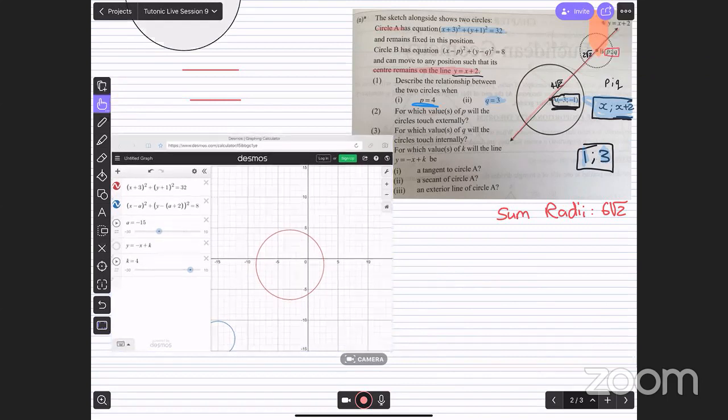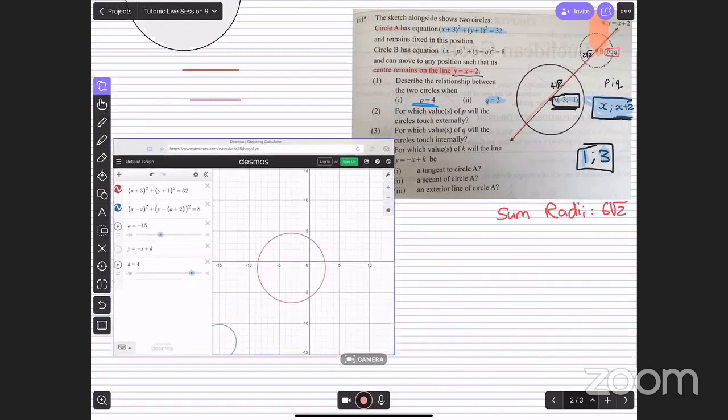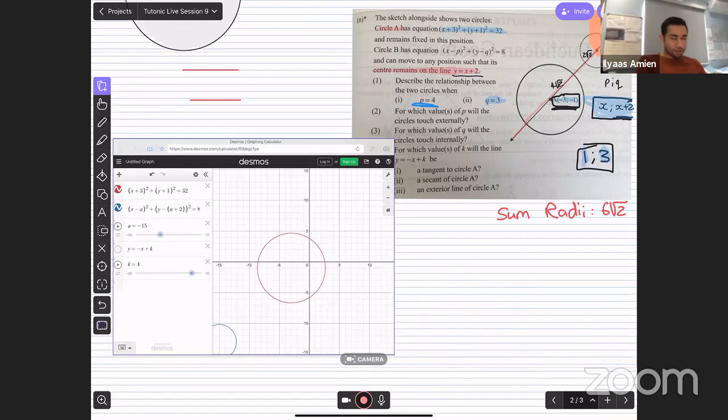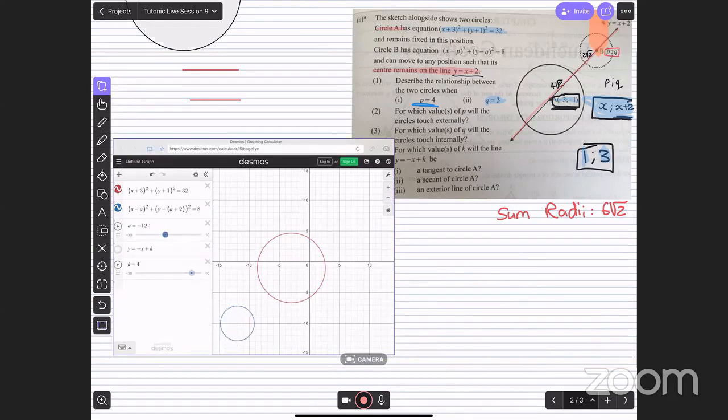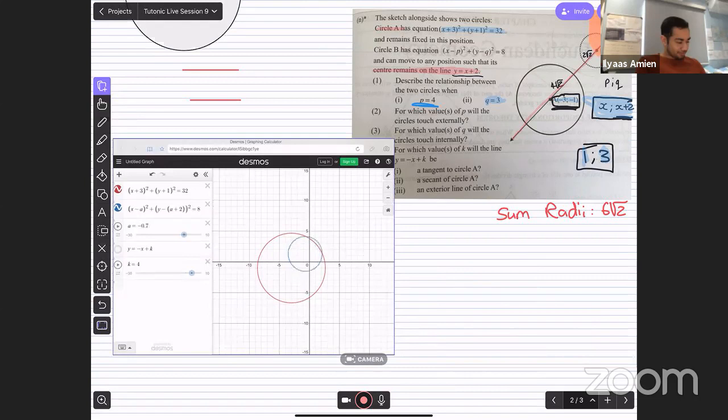D is equal to R minus R. Which R? The radius of the large circle minus the radius of the small circle. Do you guys agree? Yep. Why are you trying to find R minus R?